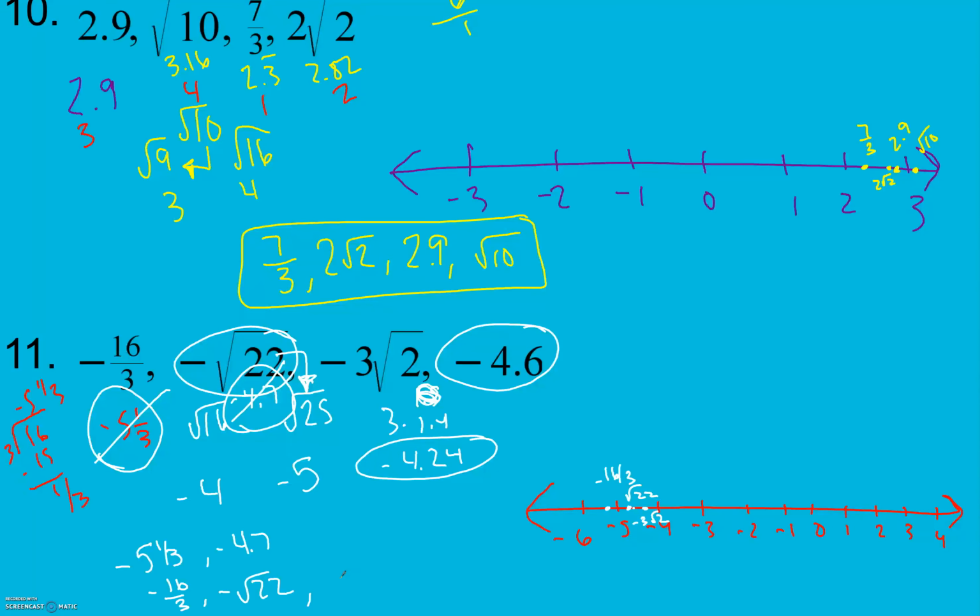Then -4.6, which is just -4.6. And last, -4.24, which is -3 square roots of 2. So again, if we switch these all to decimal form, we can compare them and put them in order. And that's all I have for section 9.4.